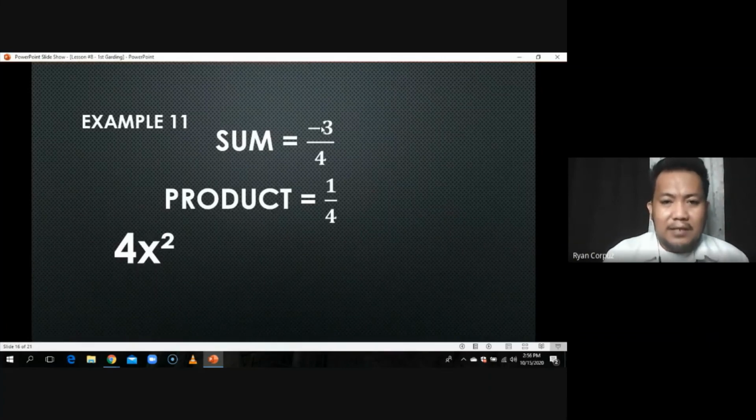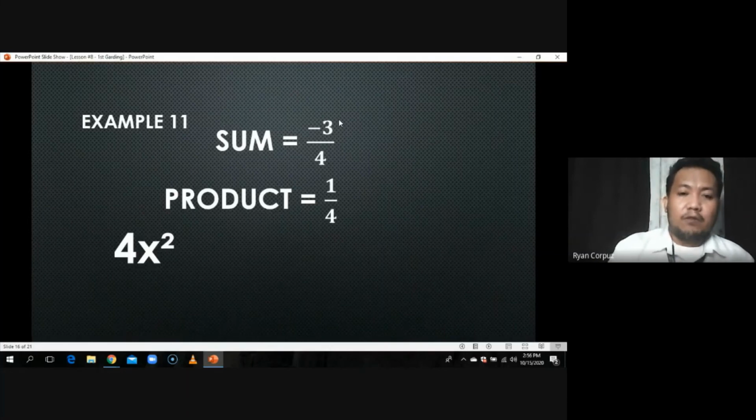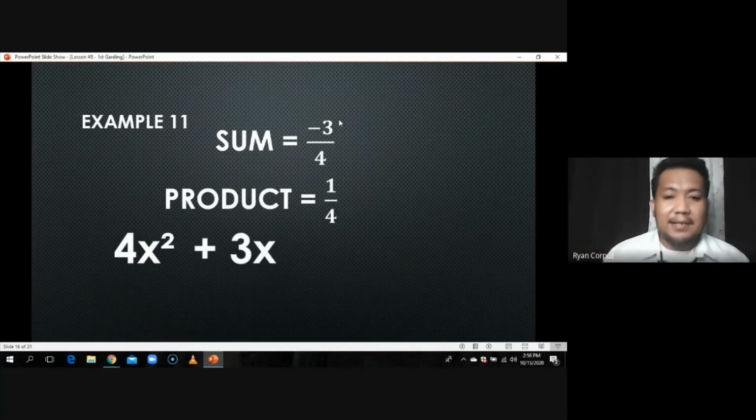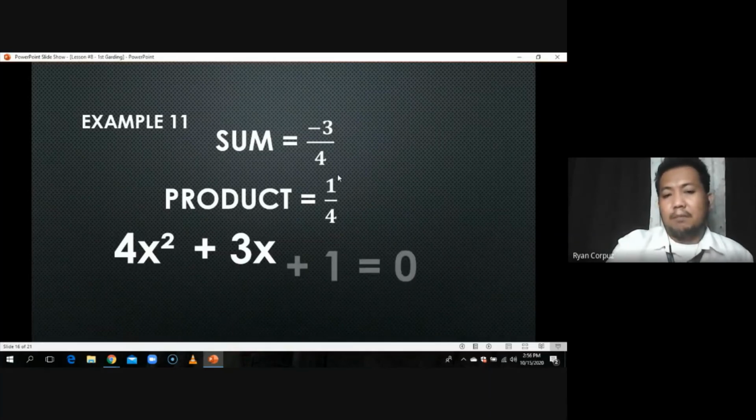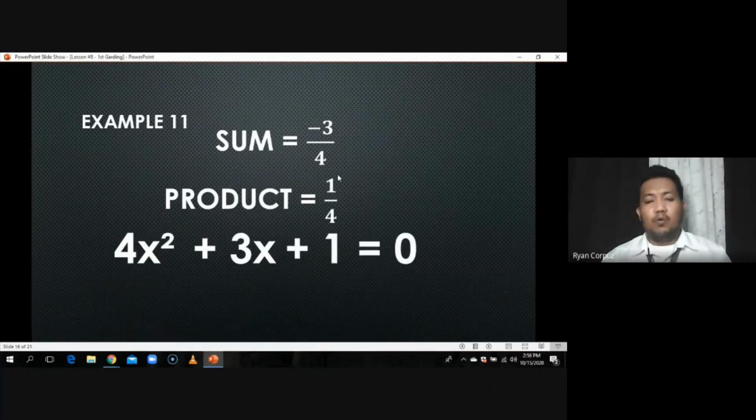Then looking at the numerator of the sum na negative 3, let's get the opposite sign of it, and that would be positive 3. That will form the middle term's numerical coefficient, so that would be plus 3x. While the numerator of the product na 1 will form the constant term of the quadratic equation. So that will be plus 1 equal to 0.